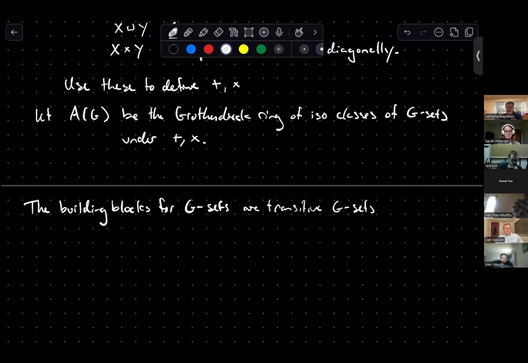And you learn in algebra class that transitive G-sets are always of the form G mod H for some subgroup H of G. And in fact, G mod H is isomorphic to G mod K if and only if H and K are conjugate subgroups of G.